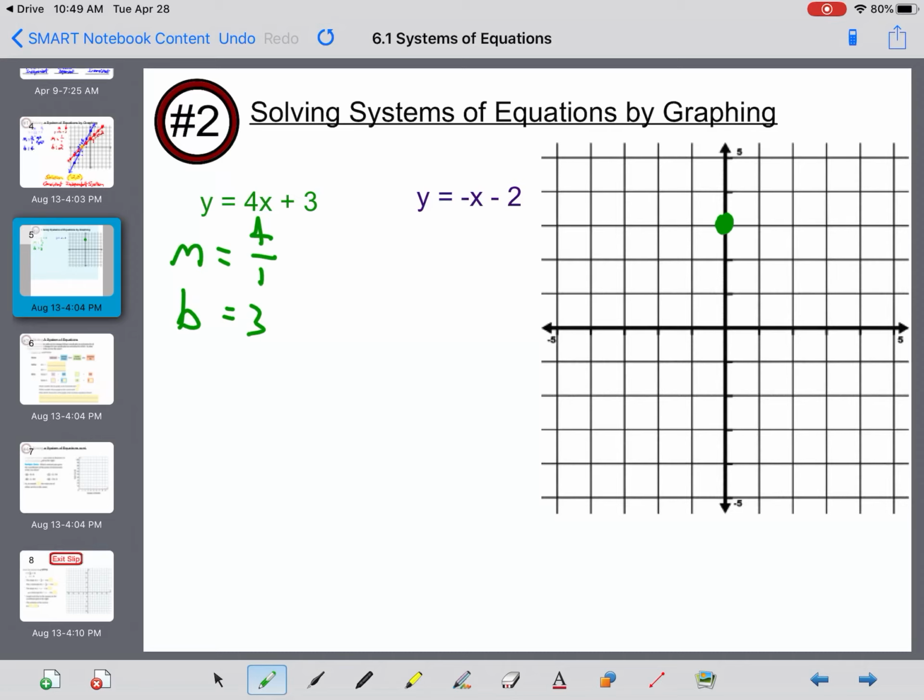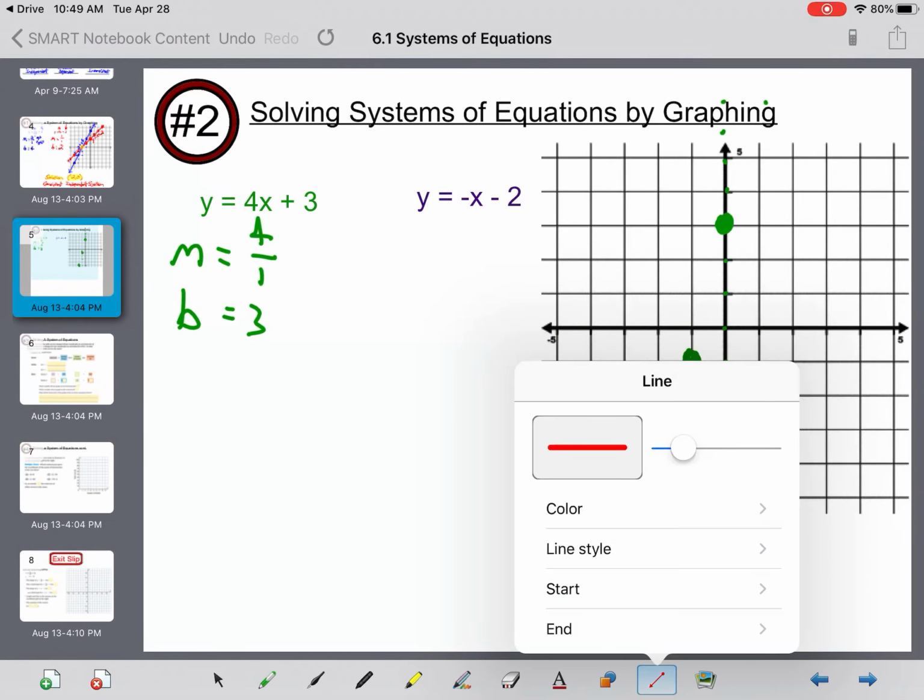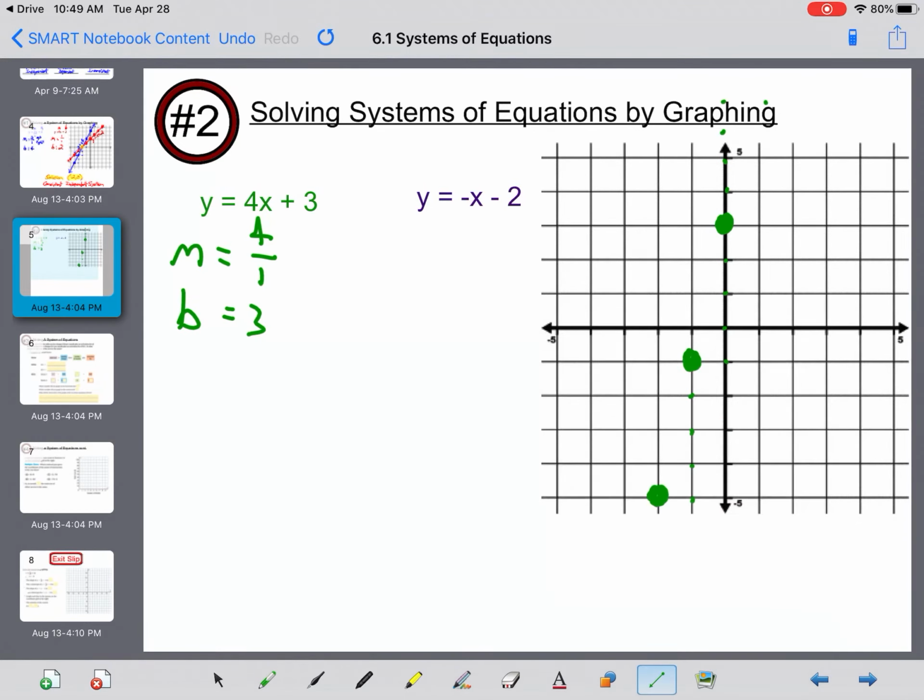My slope says to go up 4 and to the right 1. But again, we run out of room. So we need to go down 4 and to the left 1. And we should be able to plot 3 points.